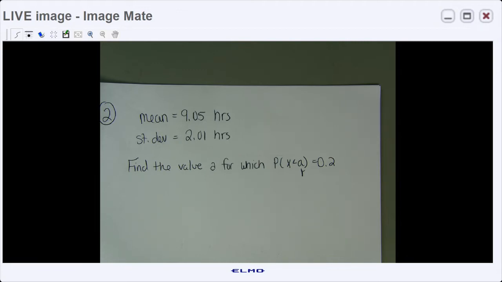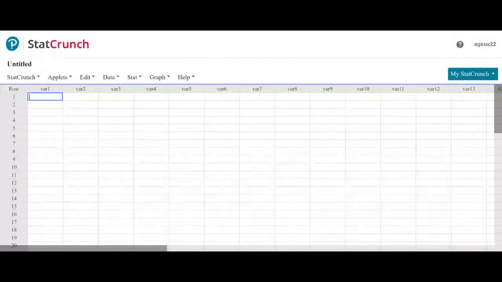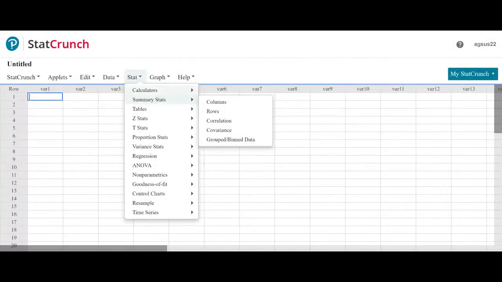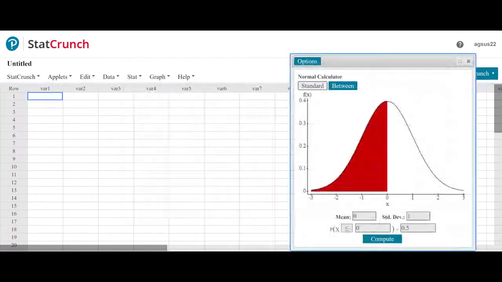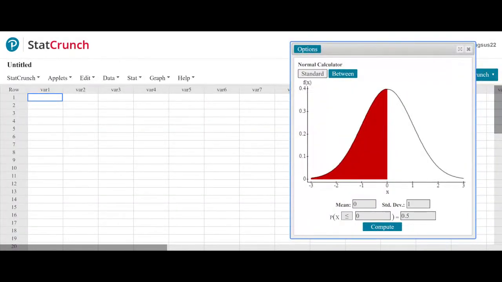Okay, so I am going to share my StatCrunch screen. I am going to do Stat, Calculators, Normal.